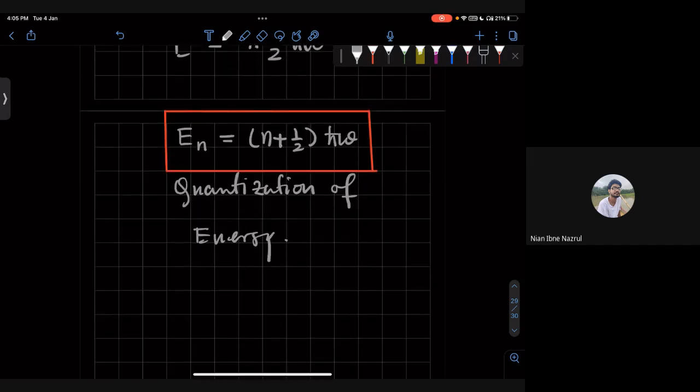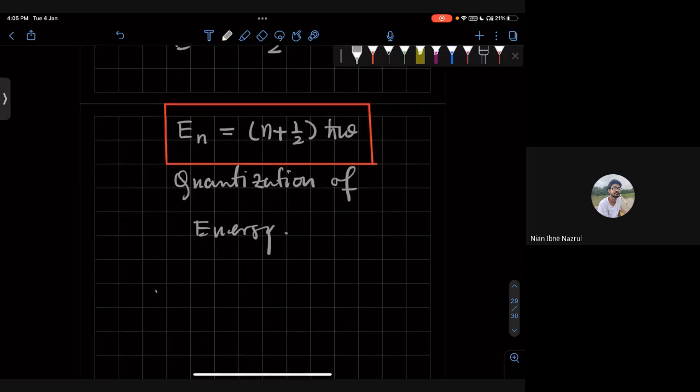Now, for the ground state, E of 0 is half h bar omega. So this is known as the ground state. So we see that for the ground state of the harmonic oscillator, the energy is not 0.